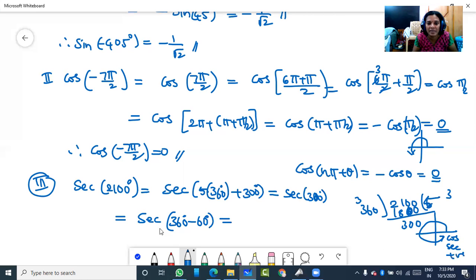So here it is in the fourth quadrant, and for sec 360 means sec will come. In the fourth quadrant it is positive, secant 60 degrees. What is the value of secant 60 degrees? 2 is the value.